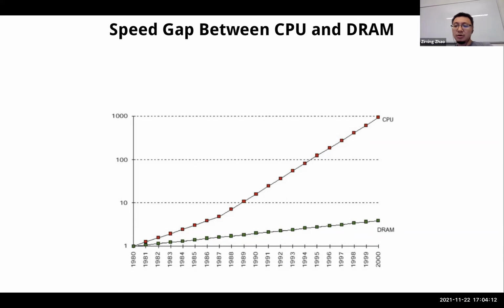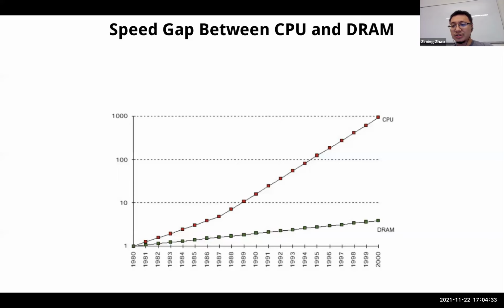Obviously, the ideal memory storage system should be super fast, as fast as the CPU, super large, and also super cheap. Unfortunately, in reality, we don't have such a memory and storage system.